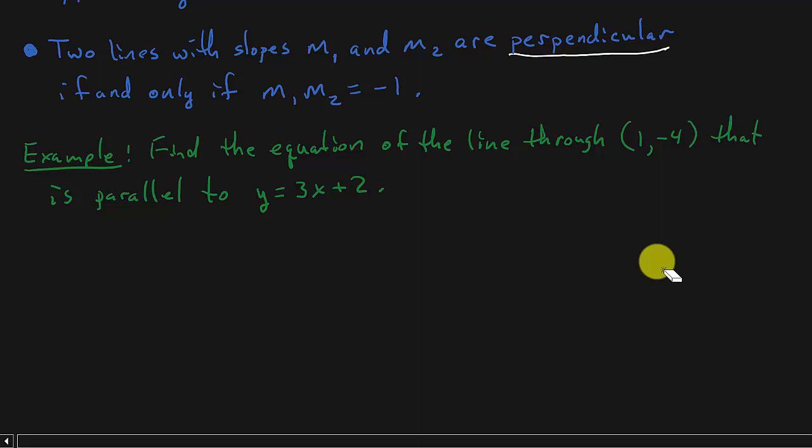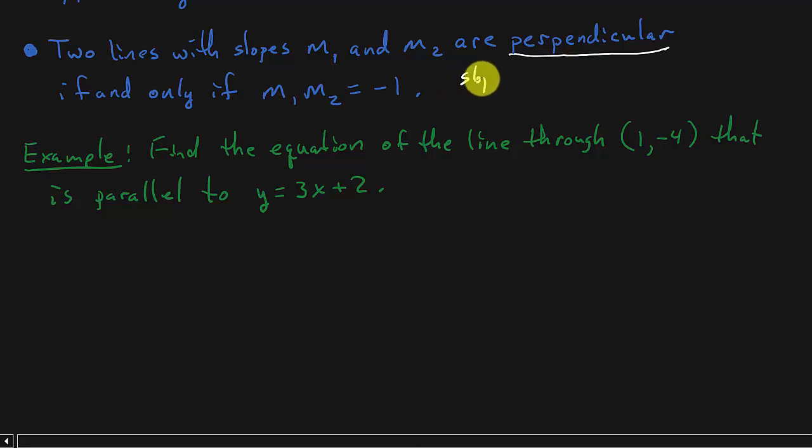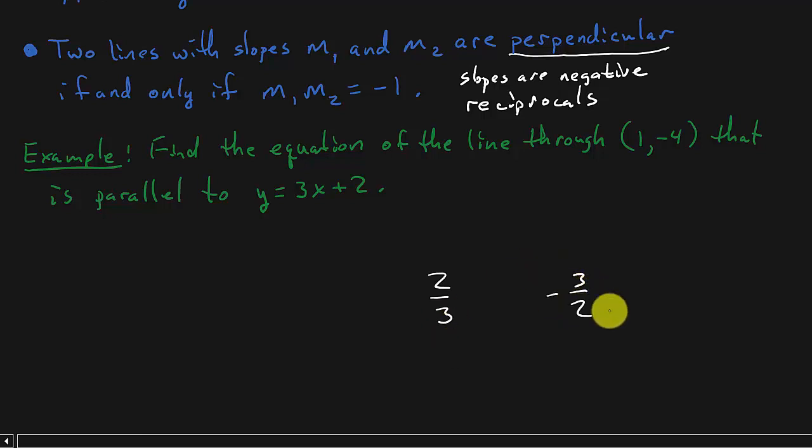Two lines are perpendicular if their slopes are negative reciprocals of each other. So in other words, if I have a line that has a slope of 2/3, what would be the slope of the line perpendicular to this one? -3/2, negative reciprocals.